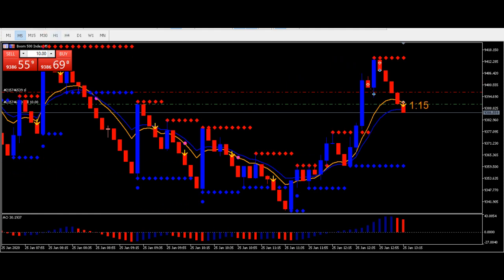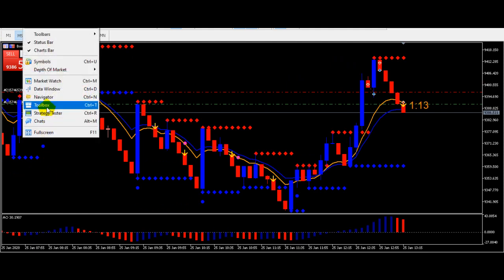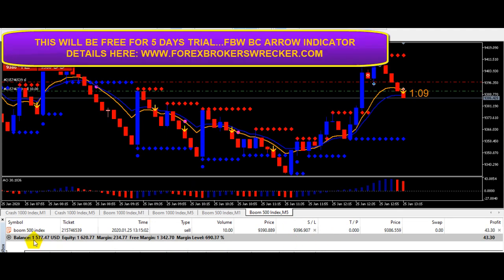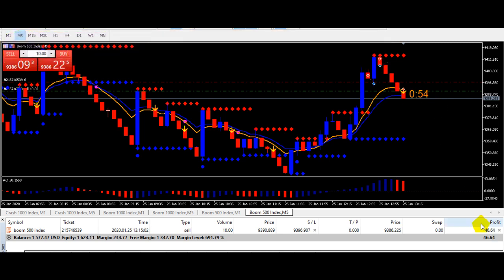And let us quickly look at something. Now, I told you this account was reduced to 866 US dollars in 2 days. Look at what it is now. And it has already given 44 US dollars for one candle on Boom 500. But I will not allow this candle to close before I exit.